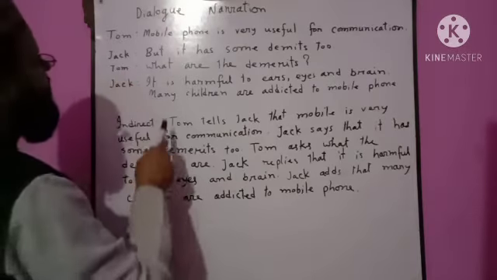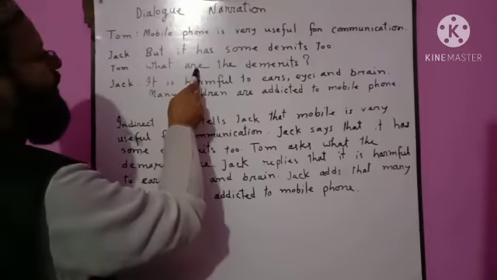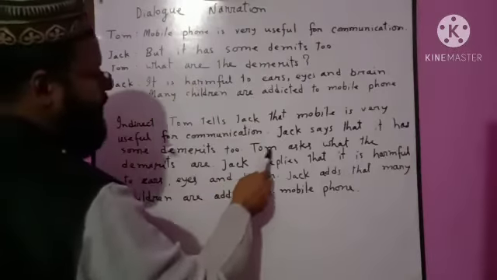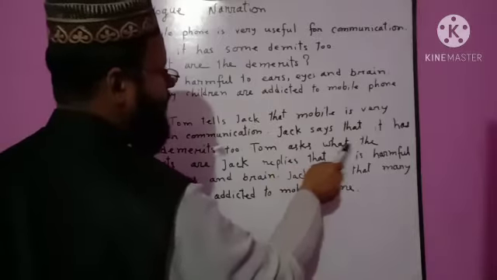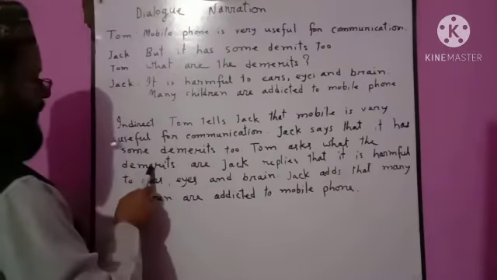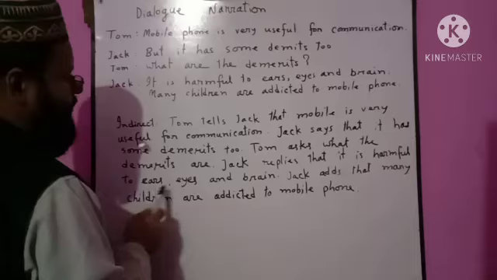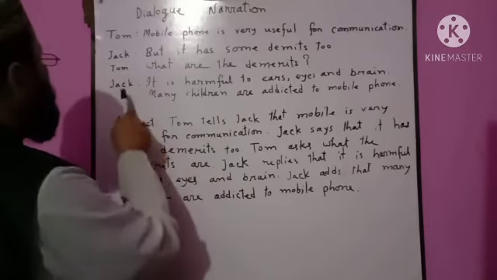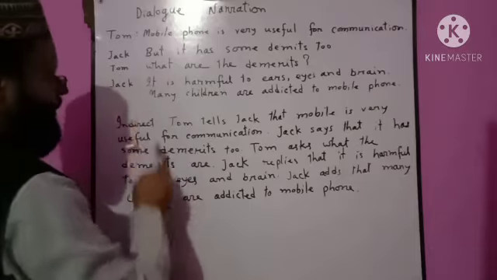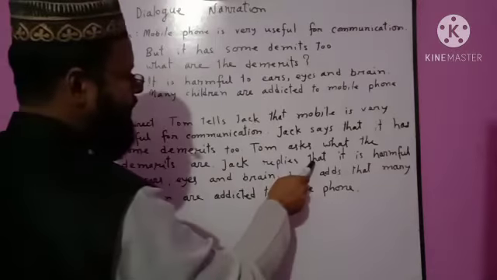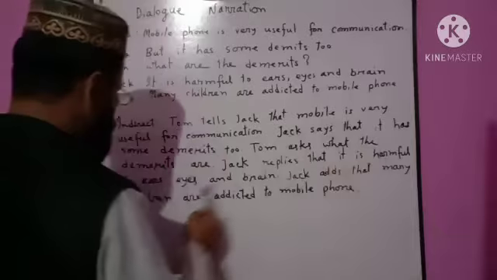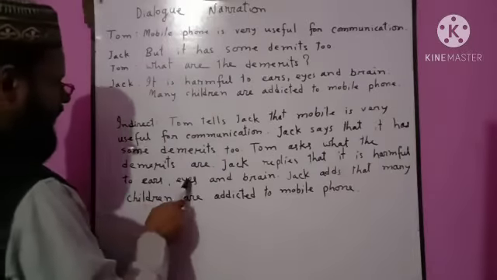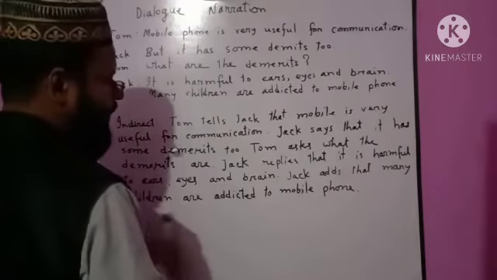Then Tom, the speaker of the interrogative sentence. Tom asks what the demerits are. Then lastly, Jack, the speaker of two sentences. Jack replies that it is harmful to ears, eyes and brain.